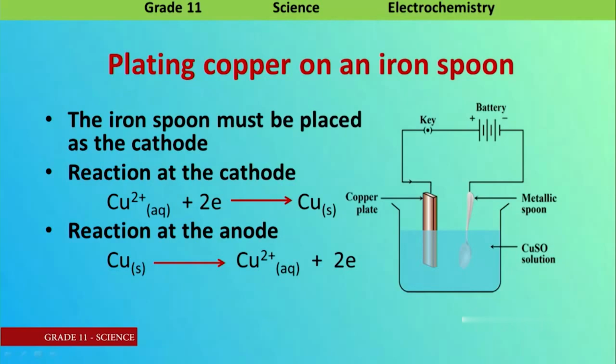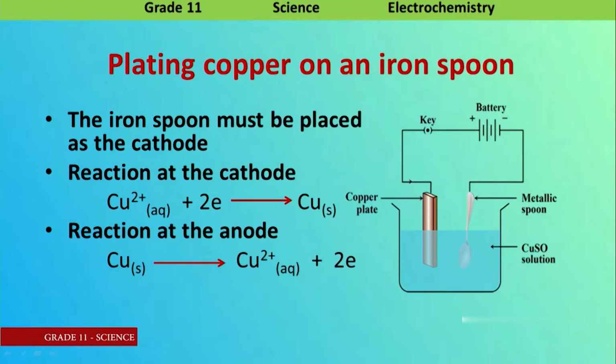The anode is a copper plate. When that solid copper dissolves, it releases electrons and Cu2+ ions are added to the solution. Thereby, copper ions are continuously given to the solution.